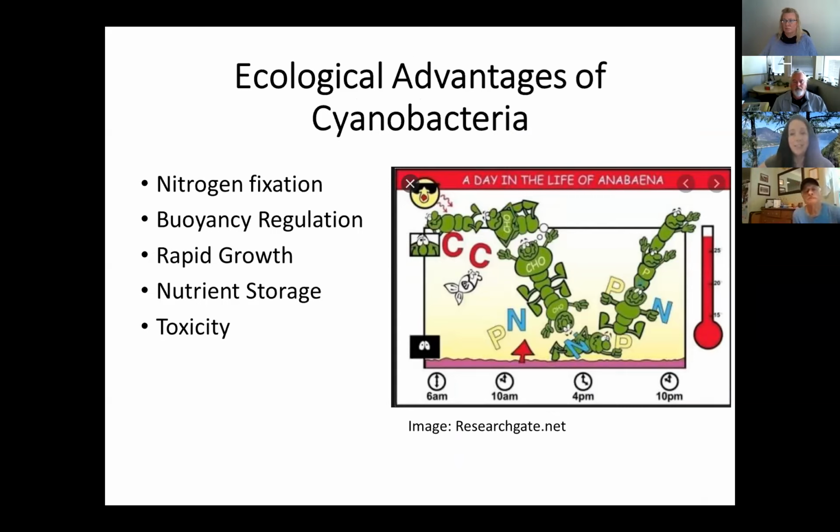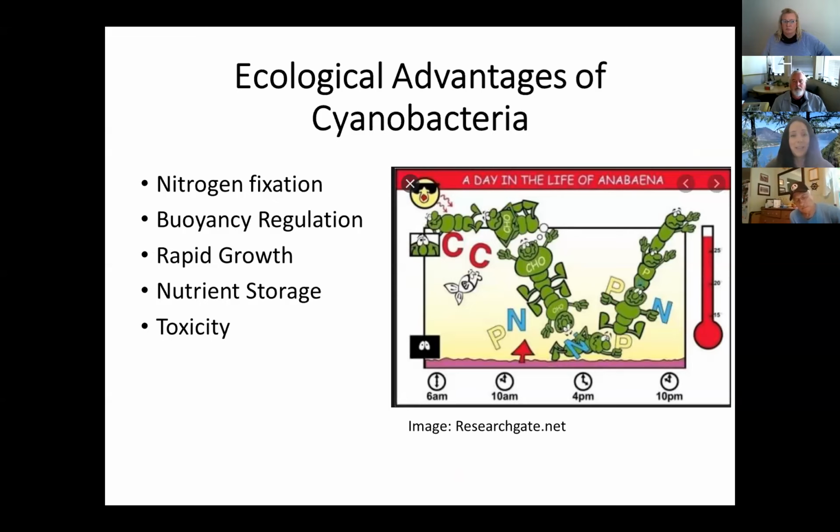And these little guys, the cyanobacteria, can float up to the surface of the water and fix nitrogen out of the air. So that's how they get their nitrogen. When that particular nutrient is used up by the green algae as the summer goes along, these cyanobacteria can come and dominate, because they can get their nitrogen from the air.